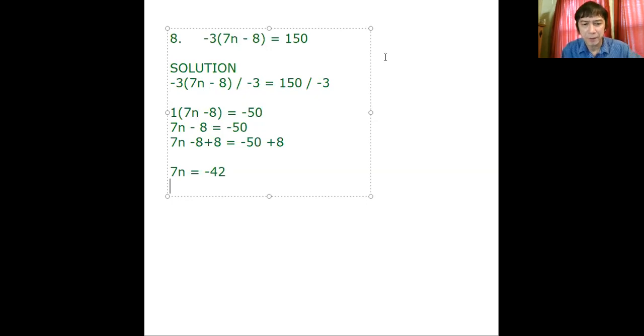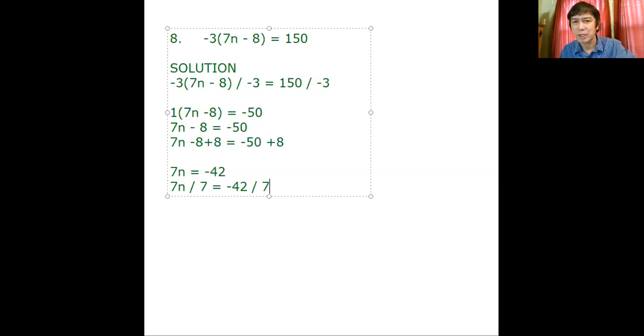So 7n divided by the number 7 equals negative 42 divided by the positive 7. Question, why do we apply division there? Remember, 7n divided by 7 gives 1, and then 1 times n. And we're after getting just n.